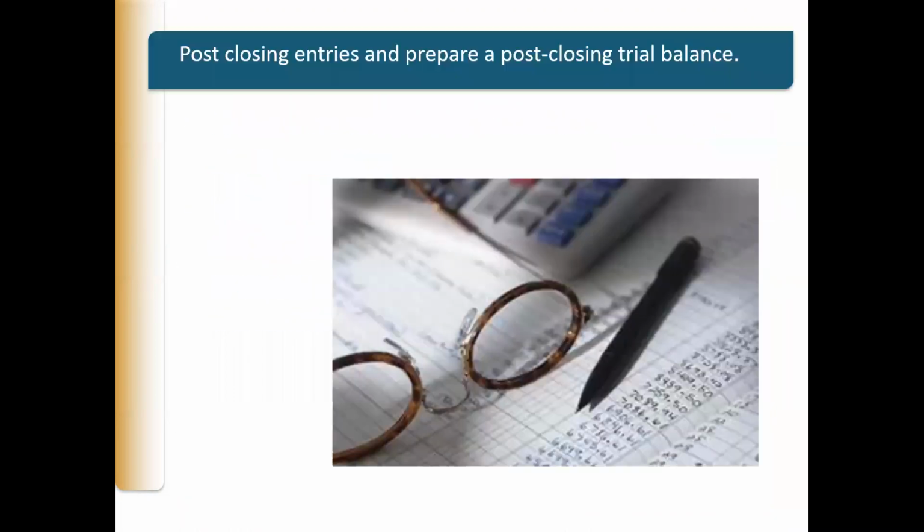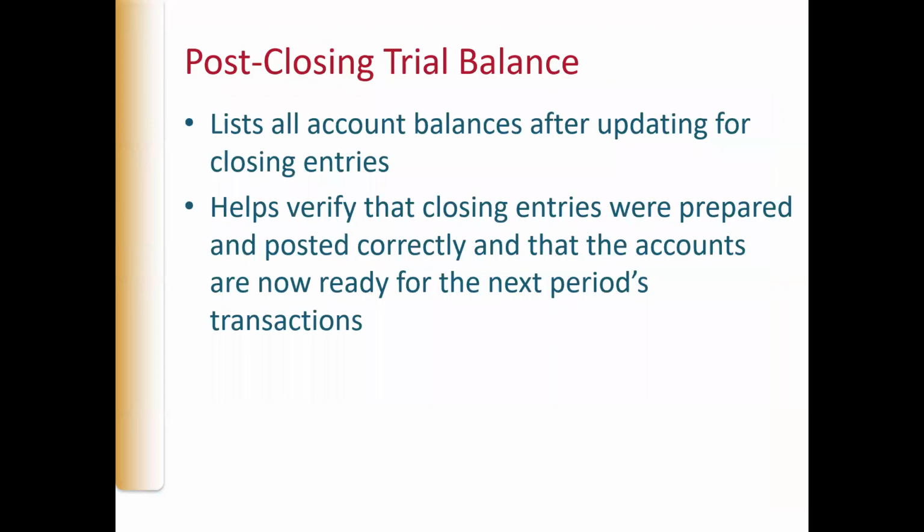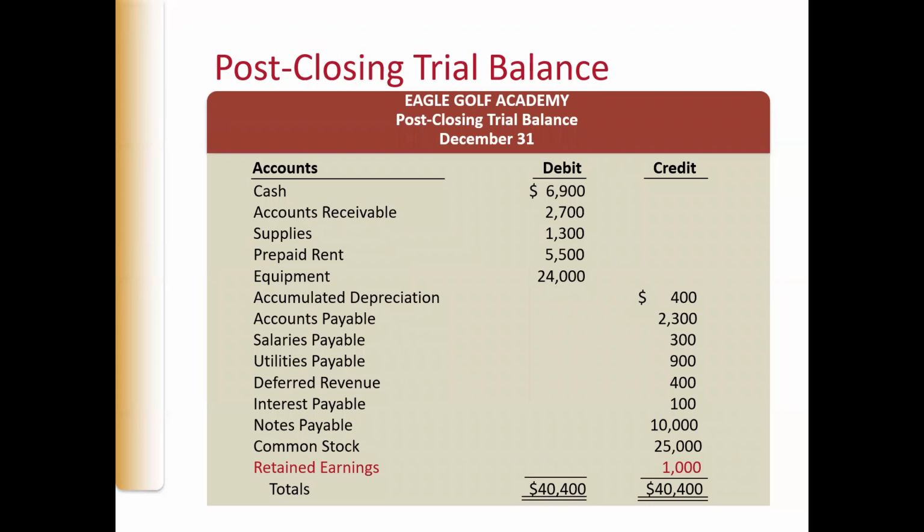Post-closing trial balance. Once we have closed out those revenue accounts, the expense accounts, and any dividend accounts, we will then create what's called a post-closing trial balance. Since all of the temporary accounts are going to be zero, a post-closing trial balance will only have the balance sheet items in it.